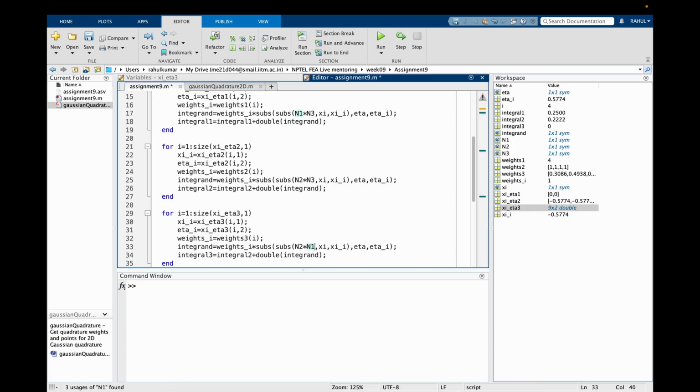So n2, n1, nothing. Yeah, everything is fine now. Let's run this. So this time we are getting 0.222. I mean, these integral 2 and integral 3 are approximately the same.